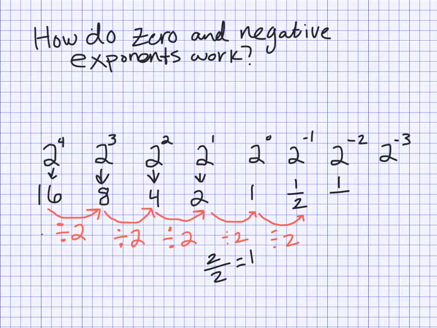That gives us 1/4. Or 1 over 2 squared. And 2 to the negative 3, that would be 1/8. Or, more importantly, 1 over 2 to the third.